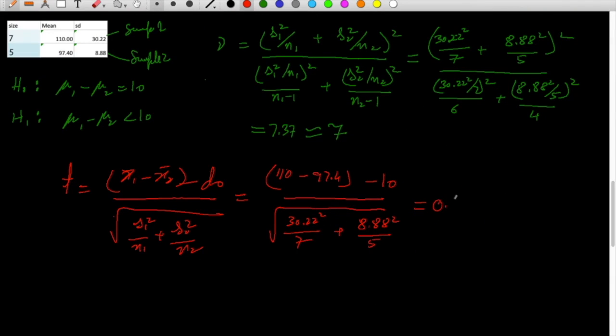So t is 0.22. This was our t calculated.